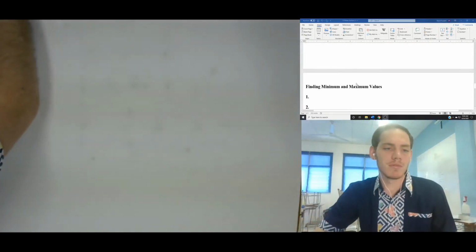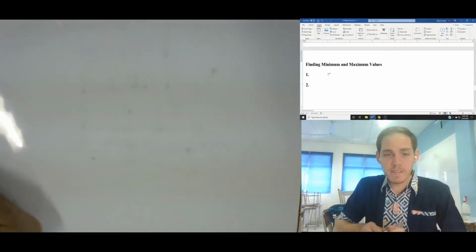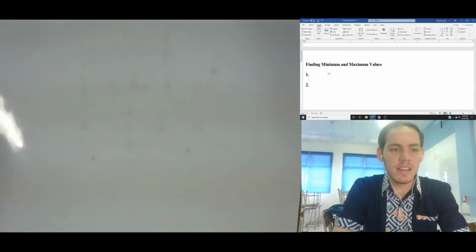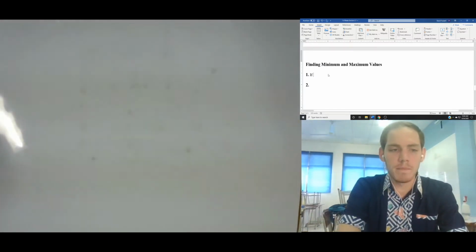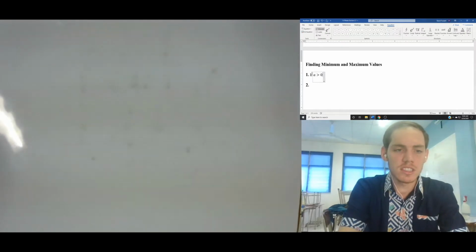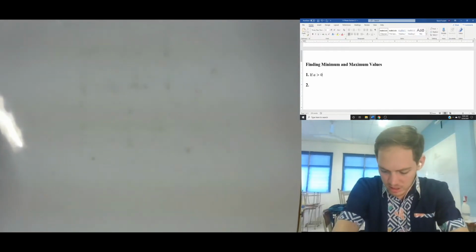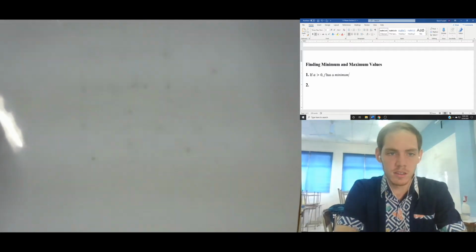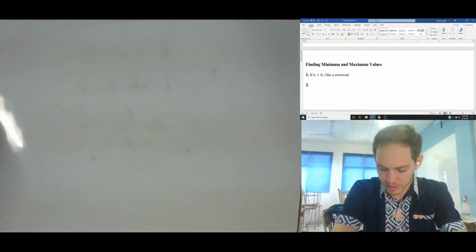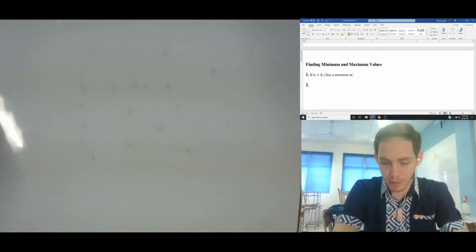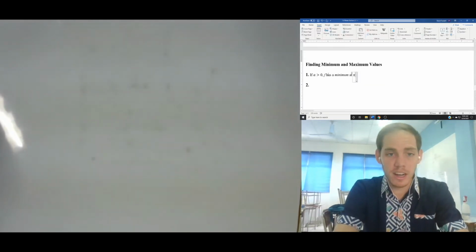Okay, it's actually pretty straightforward. It says minimum first. So if a is larger than 0, our function f has a minimum. If you're wondering, did I have to read my work at the top to remember how to spell minimum?